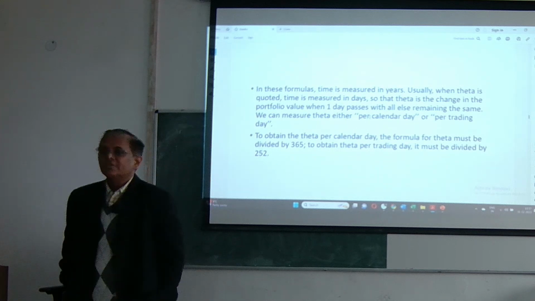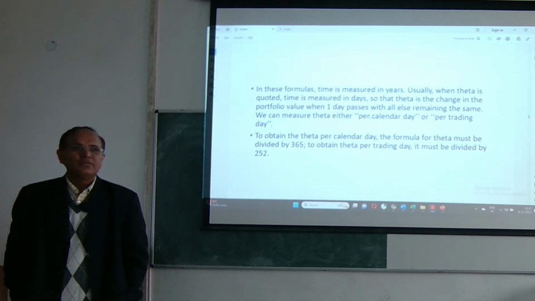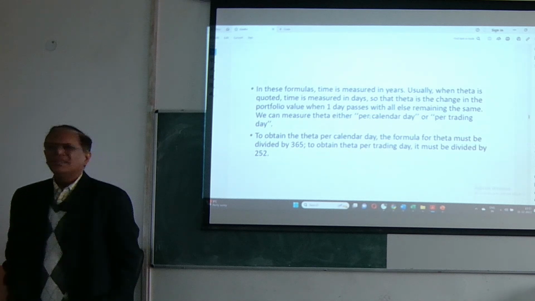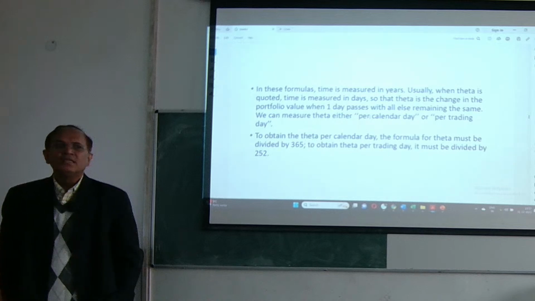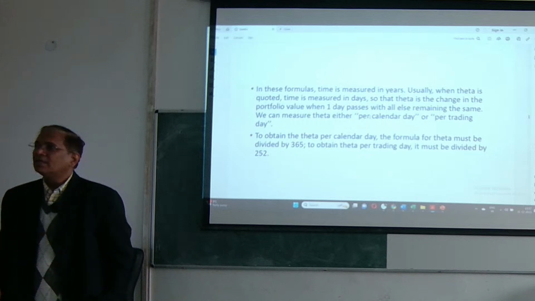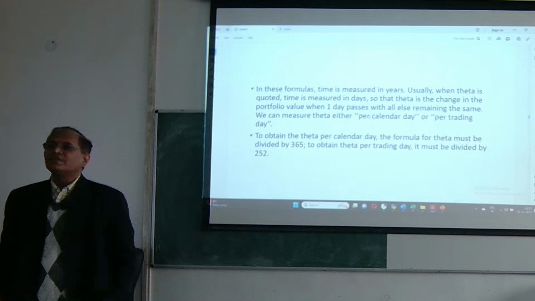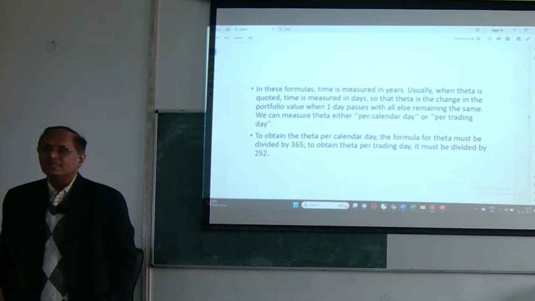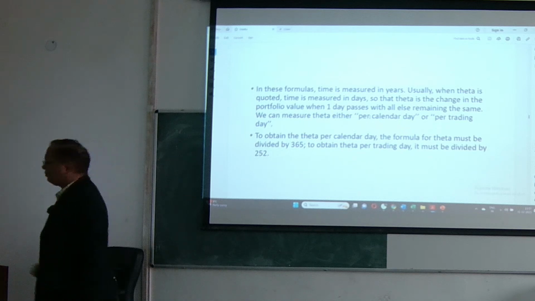When the market works for 5 days, 52 weeks multiplied by 5 makes it 260. There are on average 6 to 7, sometimes 8 holidays. So sometimes it is 252 or 253 working days of the market, and that is why the division by 252 takes place.